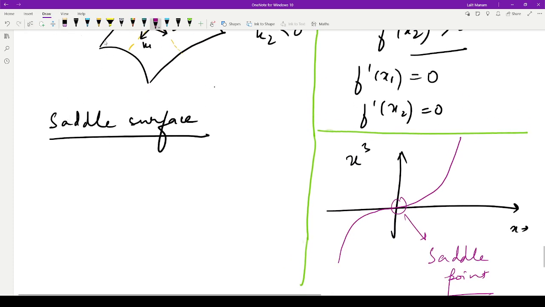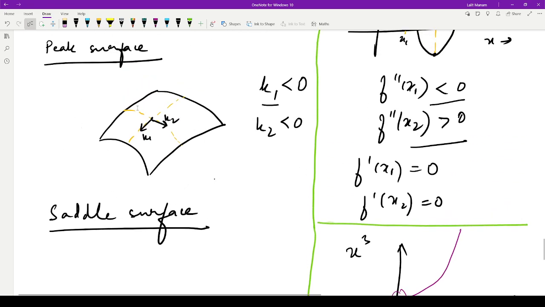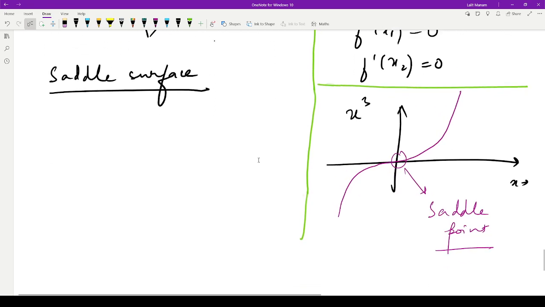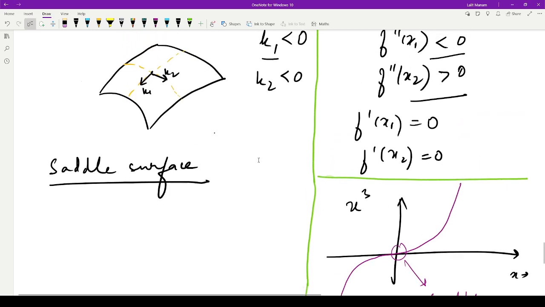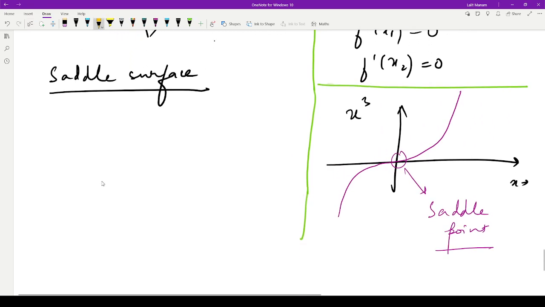The problem here is we have a surface. So we'll first draw the principal directions and then try to get what that surface is. So the saddle surface means in one of the directions it is a maxima and in the other direction it is a minima.